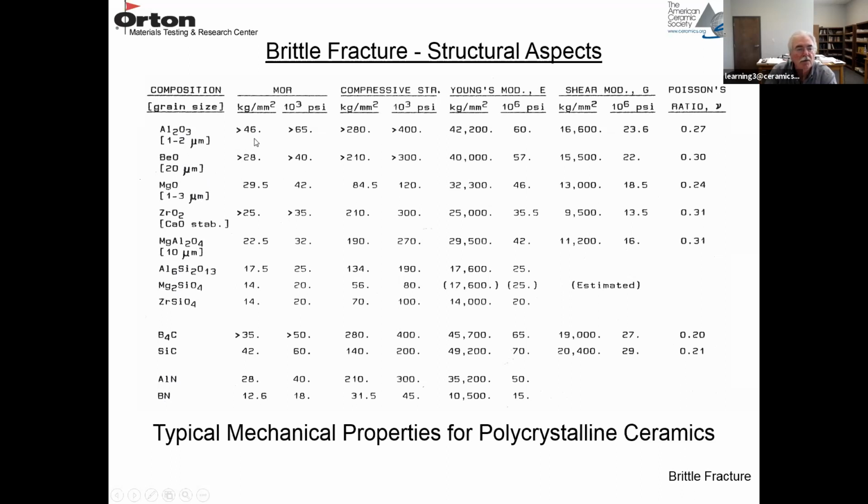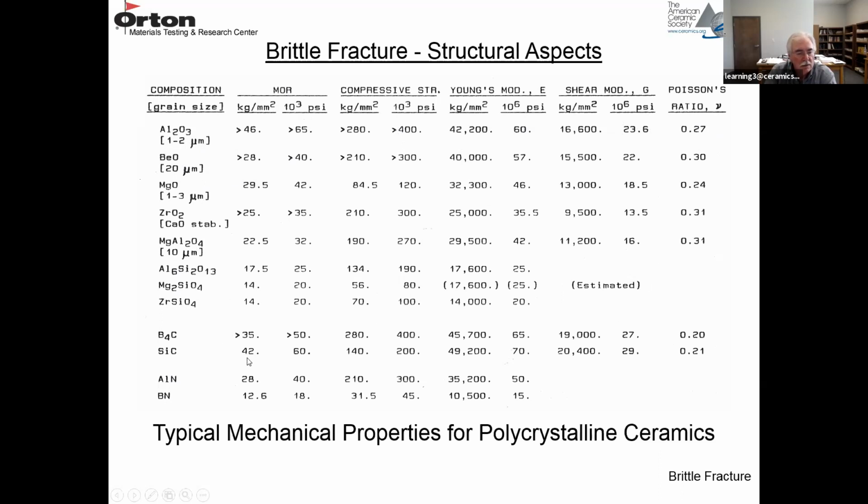Just looking at a few of these, the MOR for alumina, and it's got a small grain size, so it's a high performance ceramic. It may be about 65,000 PSI, 400,000 PSI for the compressive strength. The elastic modulus is about 60 million PSI. The shear modulus is around 23 million PSI, and Poisson's ratio is around 0.27.